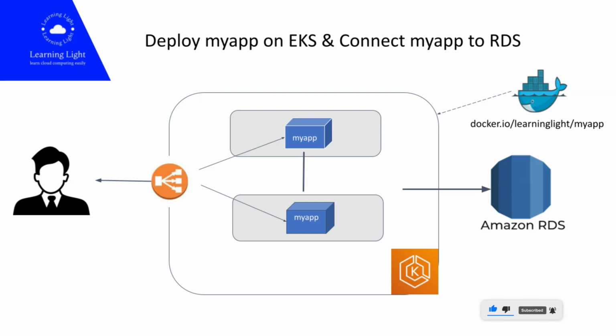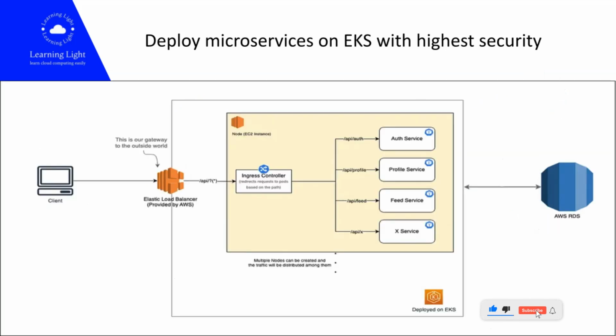But here we are mainly focusing on how, as a beginner, we can deploy the MyApp application on the AWS managed service. In the upcoming lectures, we will slowly go deeper into how we can securely connect MyApp with RDS, as well as how we can securely keep our microservices.